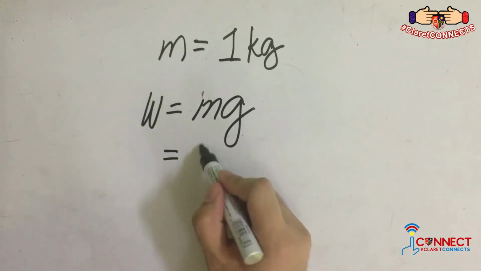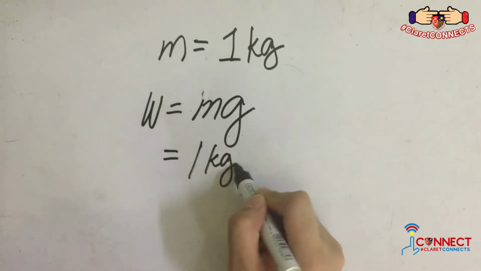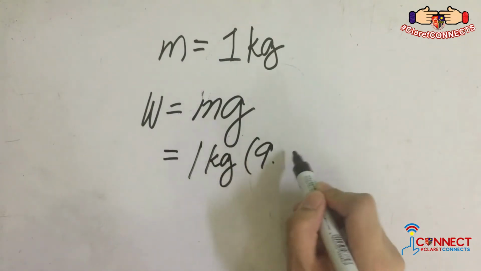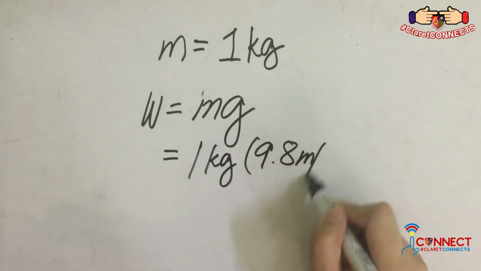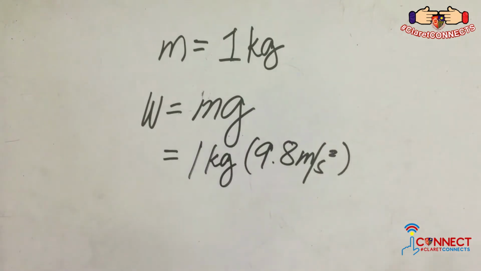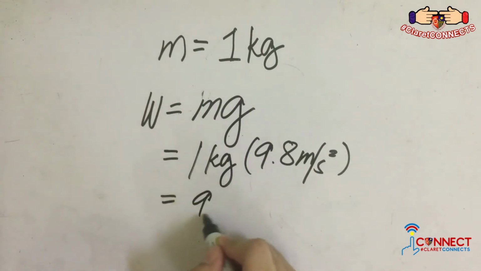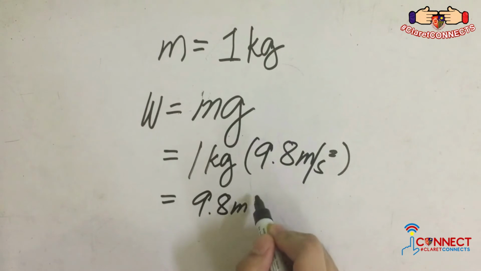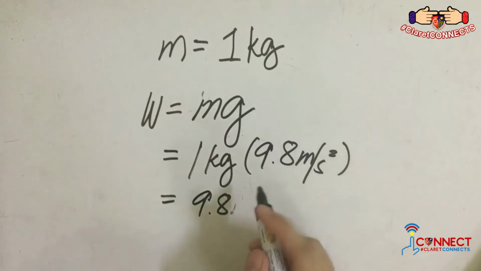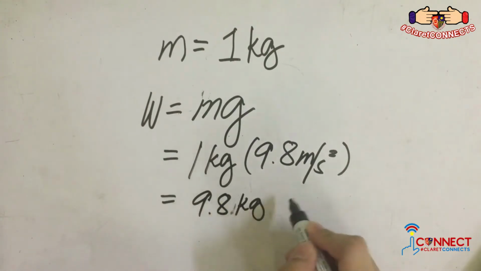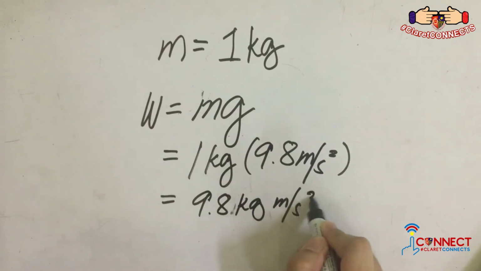If that object has a mass of 1 kilogram, we multiply it by the acceleration due to gravity, which gives us 9.8 kilogram meters per second squared.